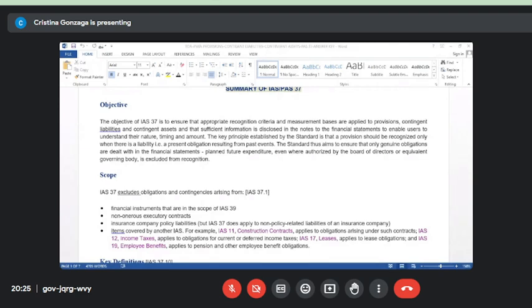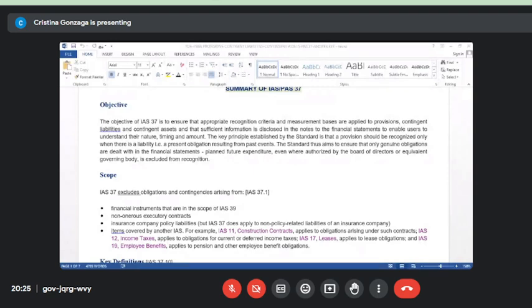Kaya lang pwede rin naman nating i-estimate magkano yung damages na babayaran natin, in the event that we will lose the case. Di ba? Kaya tinitingnan. And then, of course, we need to be assisted by a legal counsel. Sila ang magde-determine kung ano ang lagay ng kaso, kung ano yung probability na mananalo ba tayo sa kaso.